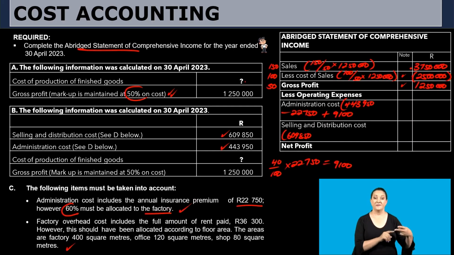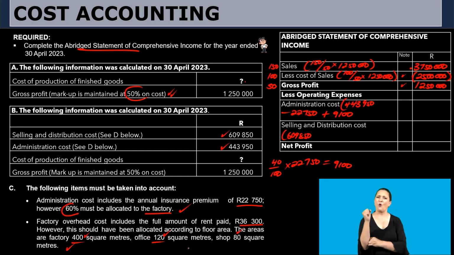It reads, factory overhead cost includes the full amount of rent paid, 36,300. However, this should have been allocated according to floor areas. The factory has 400 square meters, the office 120, and the shop 80. So if I add these ones, it's your 400 plus 120, that's 520, plus 80, that gives you 600. So we know that the factory will go to the factory overhead.